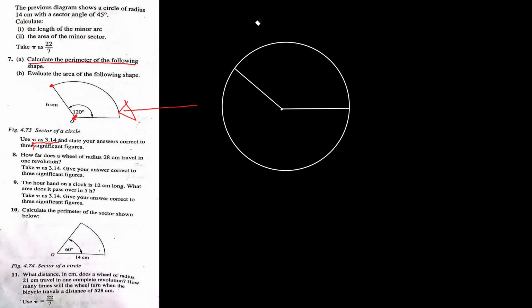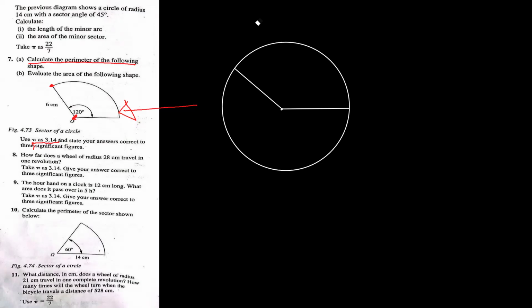Where is Jenny? Jenny, you agree with them? What do you say, Jenny? Is the radius 120 degrees? No, that is the angle. Between the two radii, you have 120 degrees.